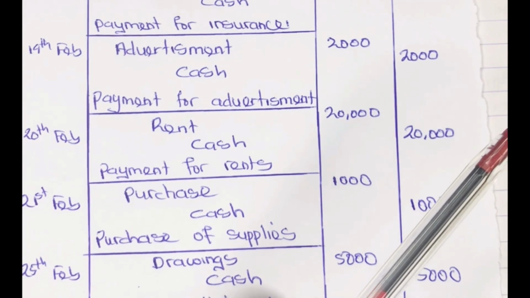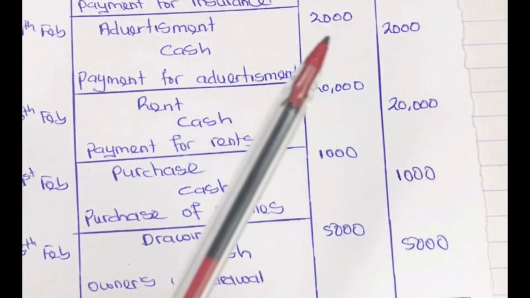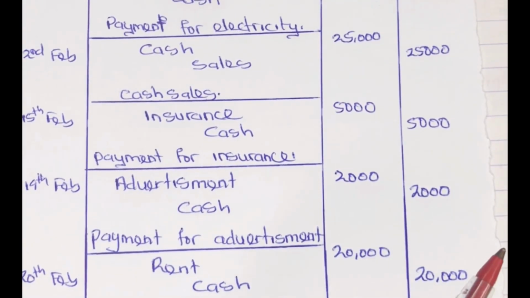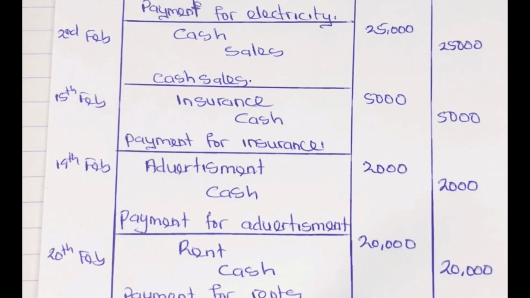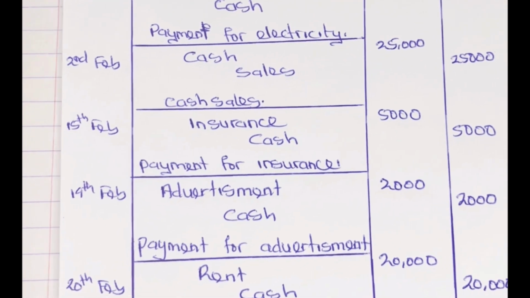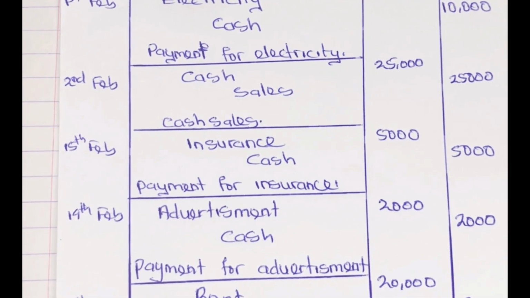So at the end of your journal entry, you need to sum all the debit sides or the debit transactions and the credit transactions. So at the end of it, the debit entry should be equal to the credit entry.